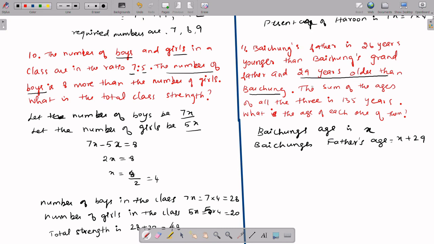And then what about Baicheng's grandfather's age?